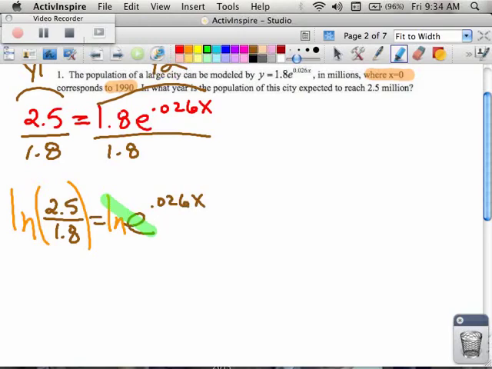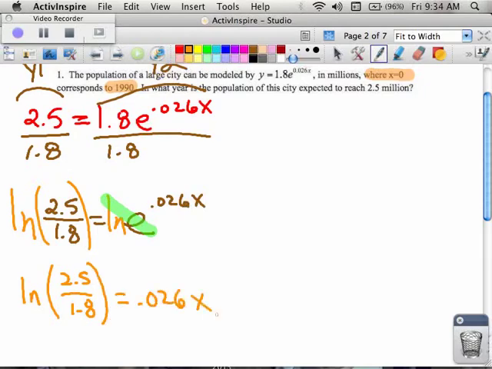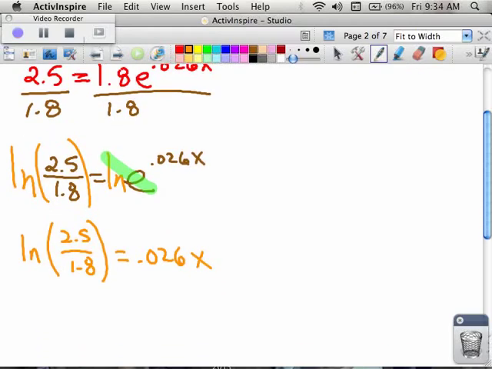So we know that these things will undo each other. So now I really have that the natural log of 2.5 all over 1.8 is equal to 0.026x. And I want to find out what my x is, so I really only have one more step left. All I have to do is divide both sides by 0.026.